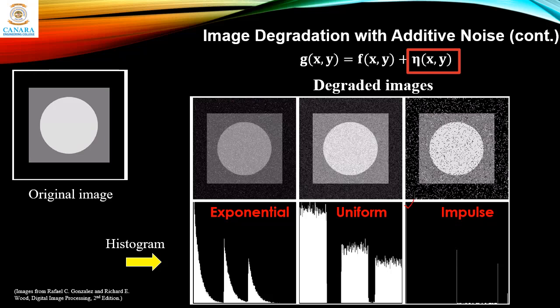This is where it is located, and for the high value, one more here. So two impulses are there in this image when you embed the impulse noise. Visually you can clearly say this is salt and pepper noise, quite evident.